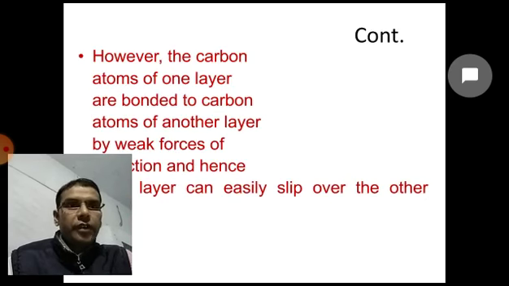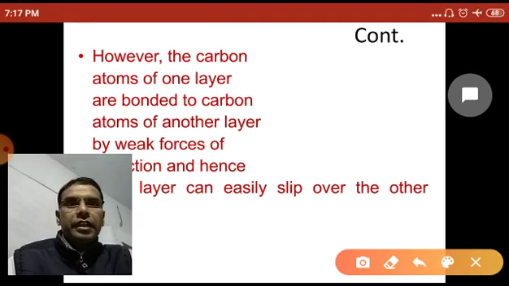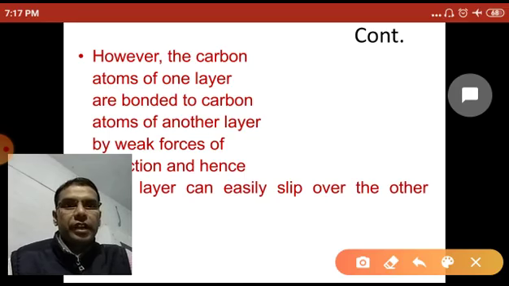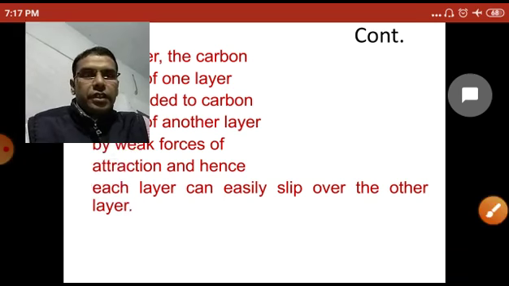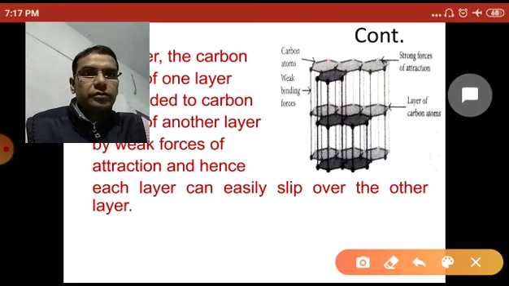However, the carbon atoms of one layer are bonded to carbon atoms of another layer by a weak force of attraction, and hence each layer can easily slide over another layer.